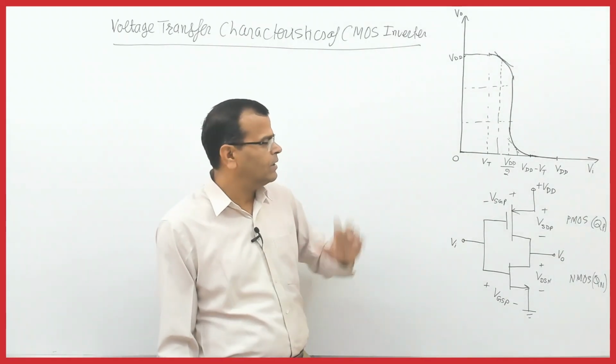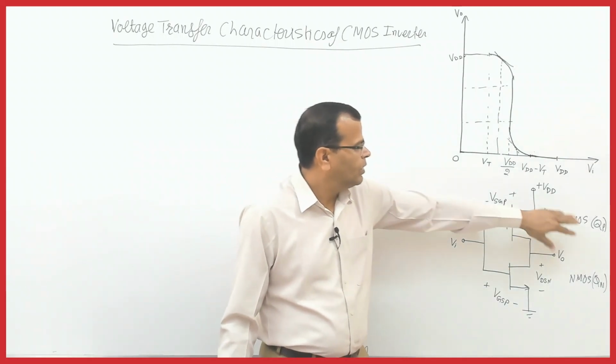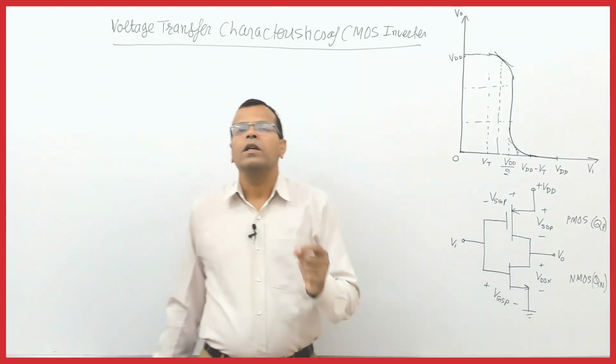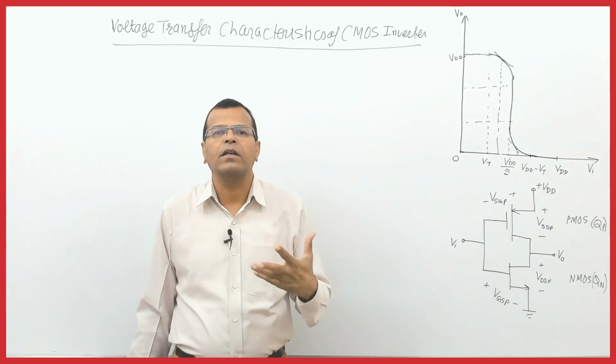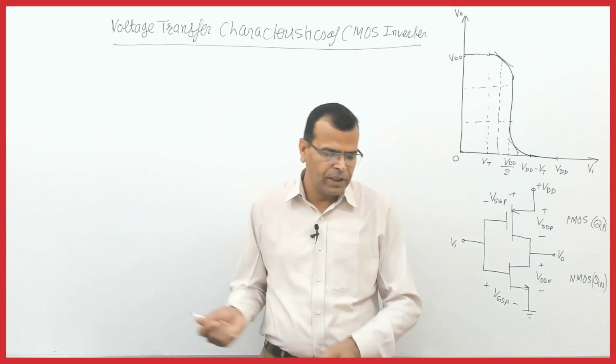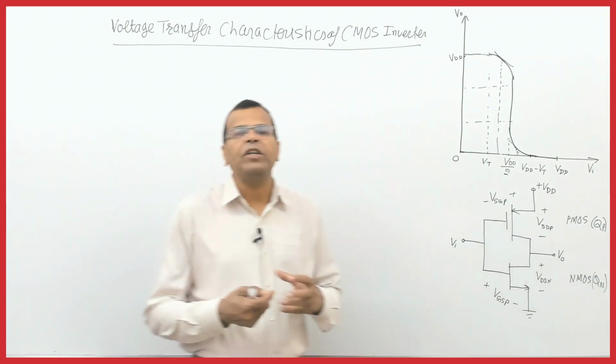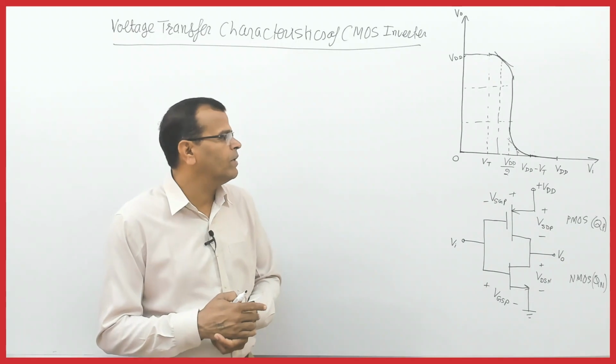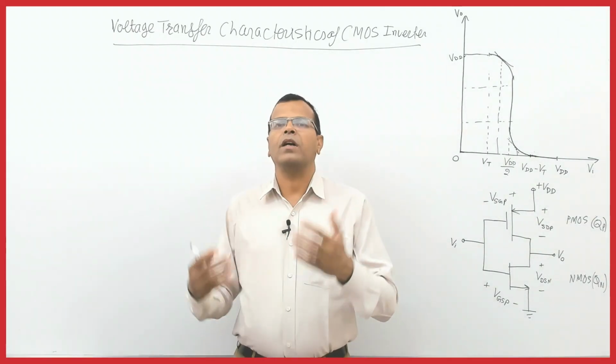The set of assumptions is both PMOS and NMOS of the inverter are symmetrical and identical. This is what we assume. Both are basically assumed to be matched transistors. Rather than saying symmetrical or identical, we will say these are matched transistors.